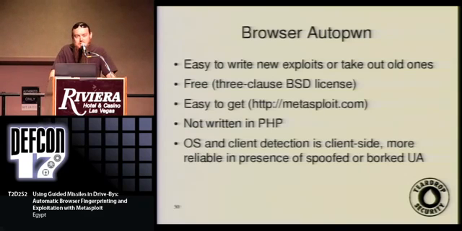Almost all of my OS and client detection is client-side. So I don't have to rely on something that can easily lie. And it works better in the case of a spoofed or borked UA. There are third-party tools in Windows that will change the Internet Explorer user agent, and some of them actually break it.